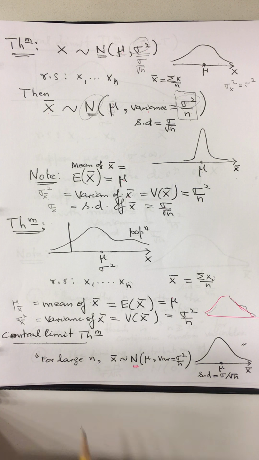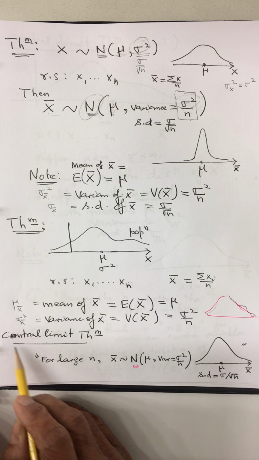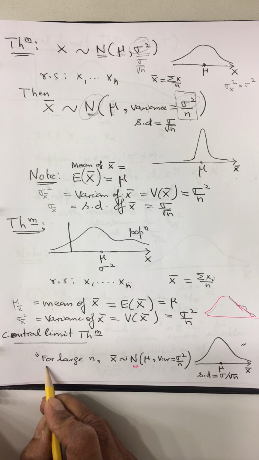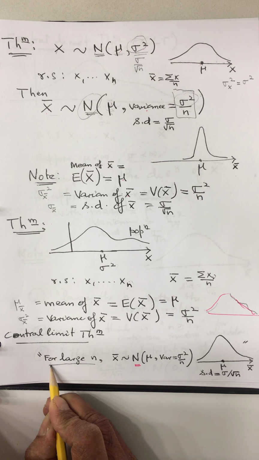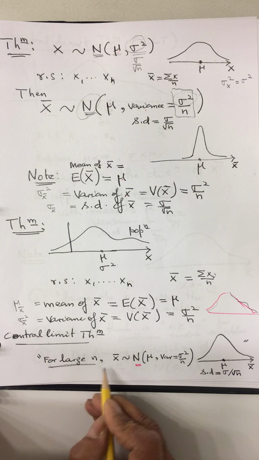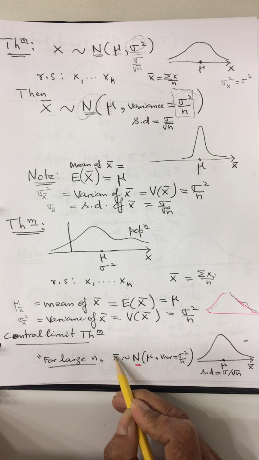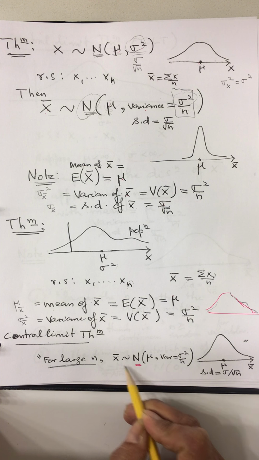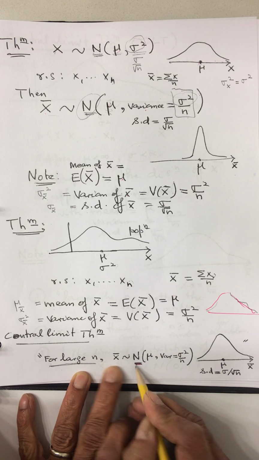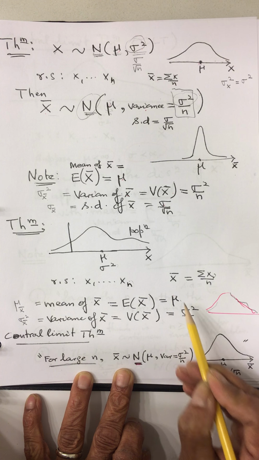So the next part of the theorem, which is known as the central limit theorem, says that for large n, if your sample is quite big, the distribution of X bar, the sample mean, is going to follow a normal curve in addition to these two things.